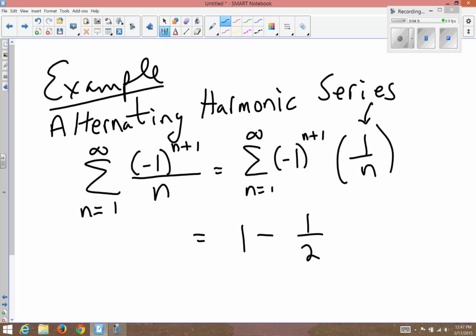When n is 3, 3 plus 1 is 4. -1 to the fourth power is positive 1. So we see the signs alternating: positive term, positive, negative, positive, etc. And so this is the alternating harmonic series because the signs alternate.